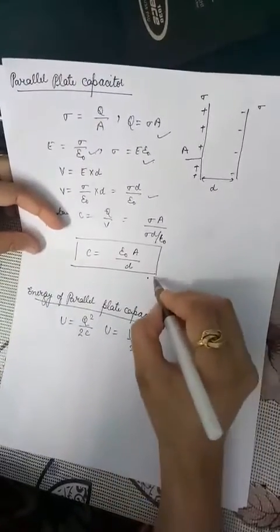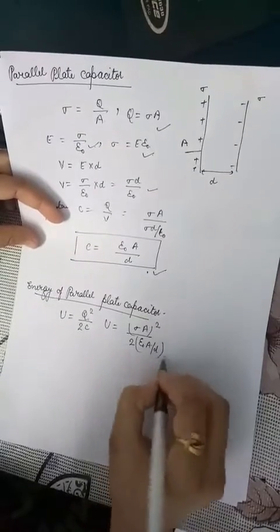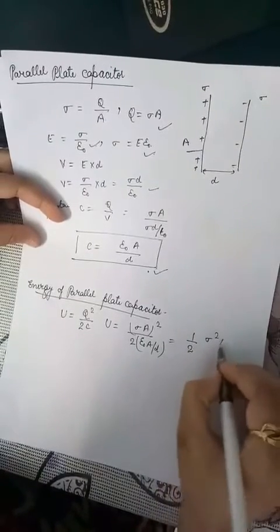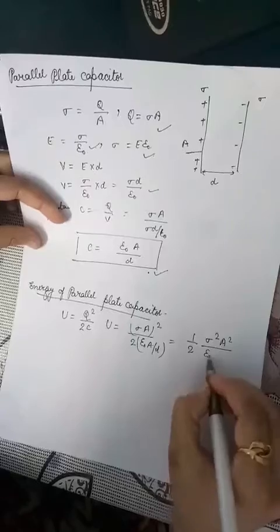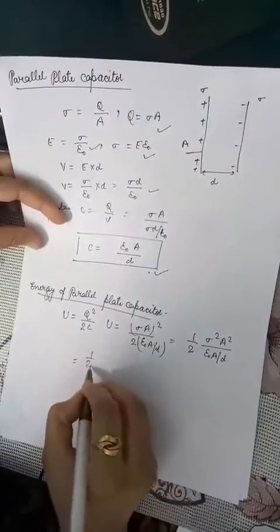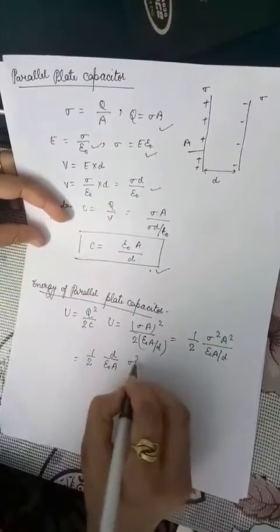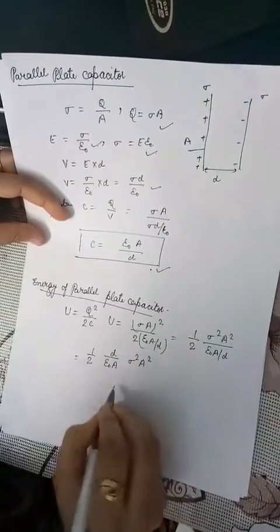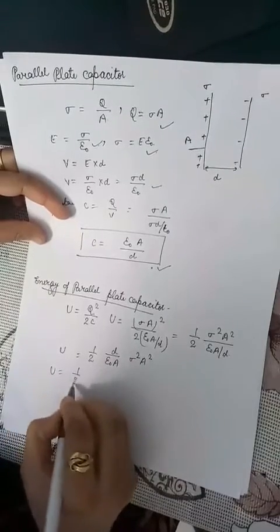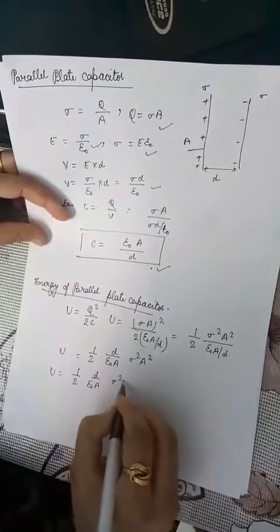We will put the value of C, epsilon naught A upon D. So we will get half sigma square A square into D over epsilon naught A. Mathematically, we can write this as half D over epsilon naught A into sigma square A square.